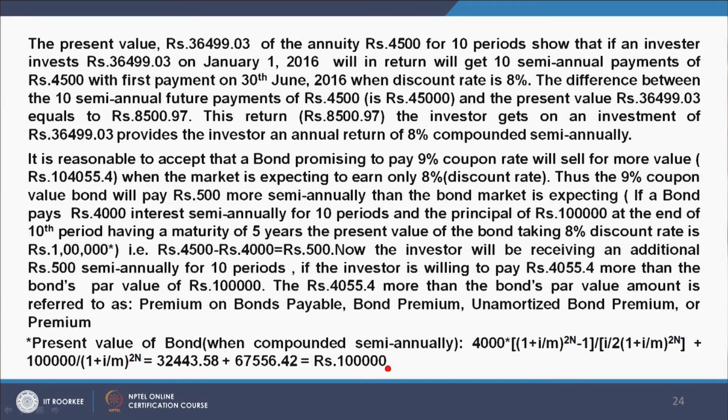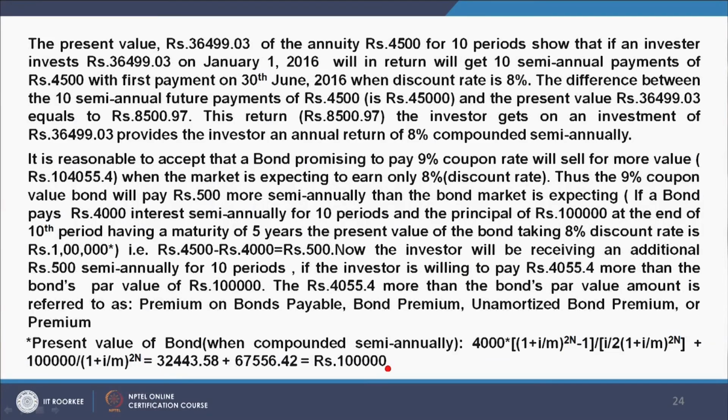If a bond pays rupees 4,000 interest semi-annually for 10 periods and the principal is 1 lakh at the end of 10th period, having a maturity of 5 years, the present value of the bond taking 8% discount rate is 1 lakh. That is, rupees 4,500 minus rupees 4,000 is equal to 500. Now, the investor will be receiving an additional 500 semi-annually for 10 periods.